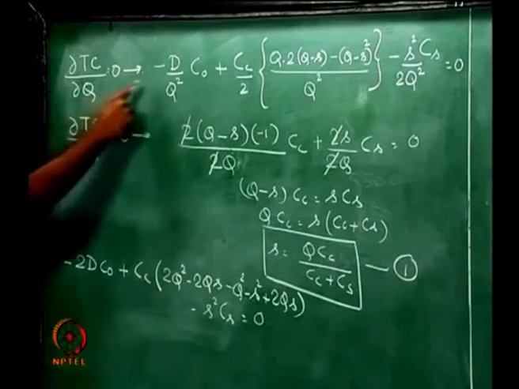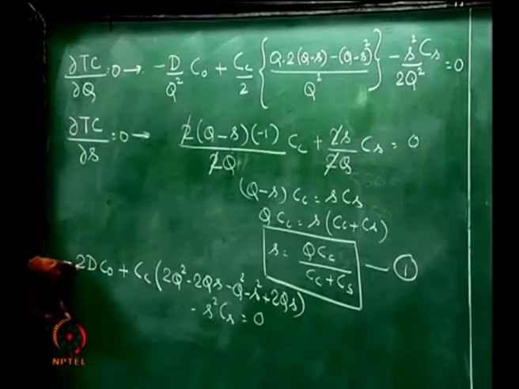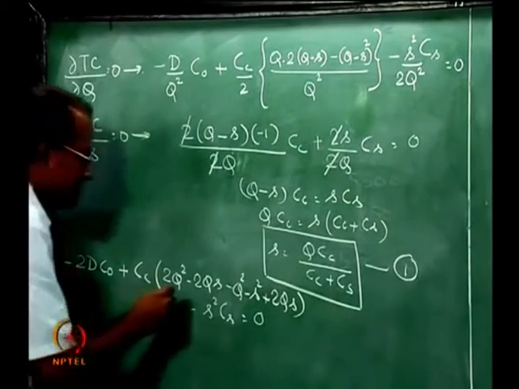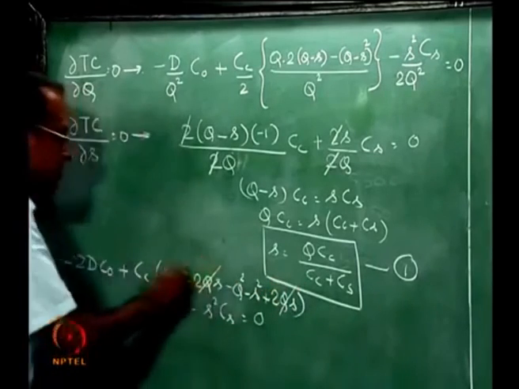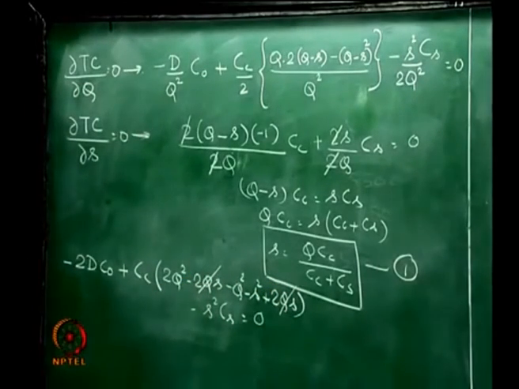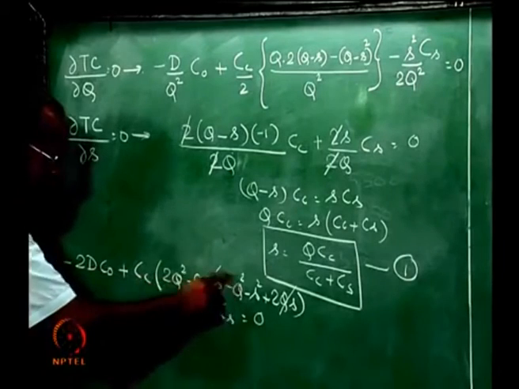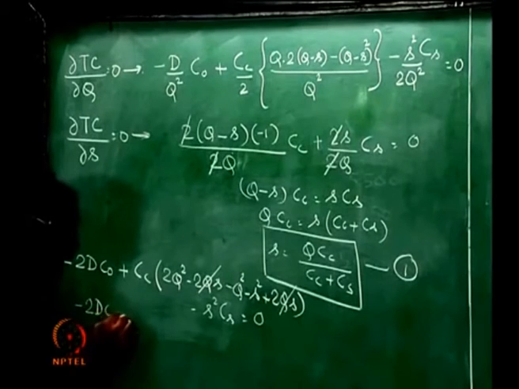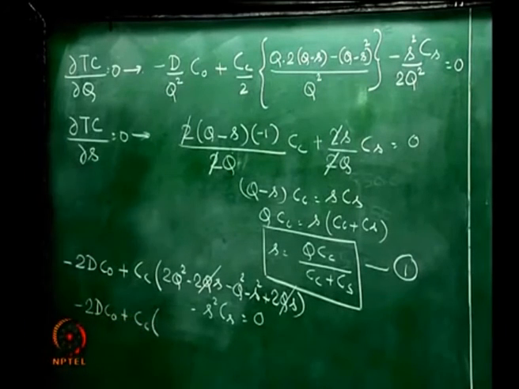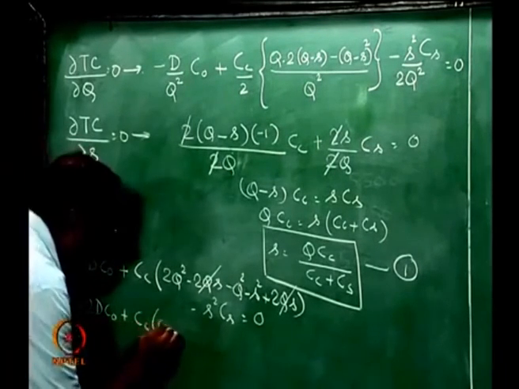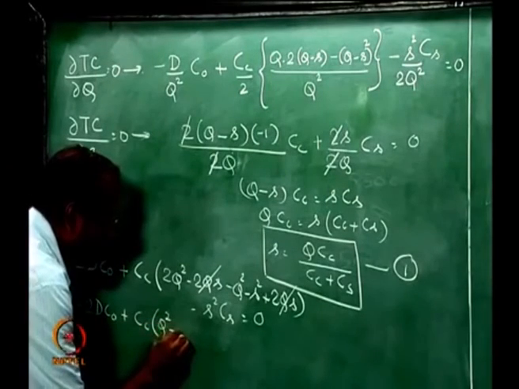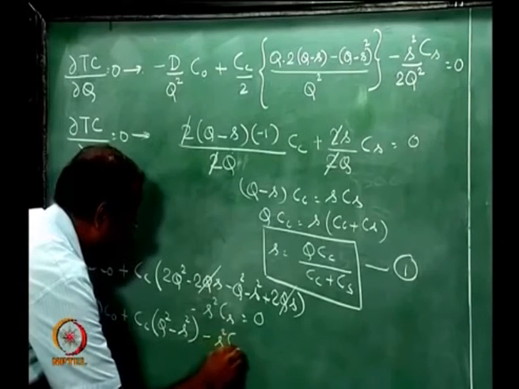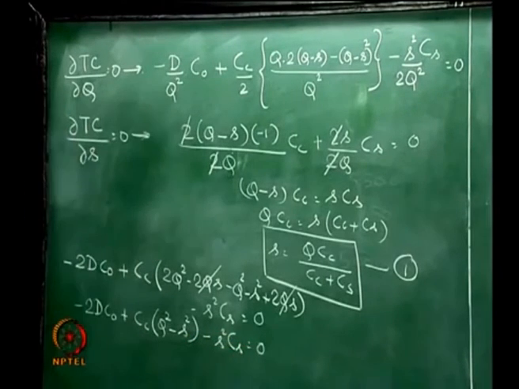I have just multiplied this by 2, so that I have this expression. Now, here I can cancel this plus 2qs and minus 2qs, plus 2q square minus q square will give me q square. So, minus 2d C naught plus Cc into q square minus s square, minus s square Cs equal to 0.